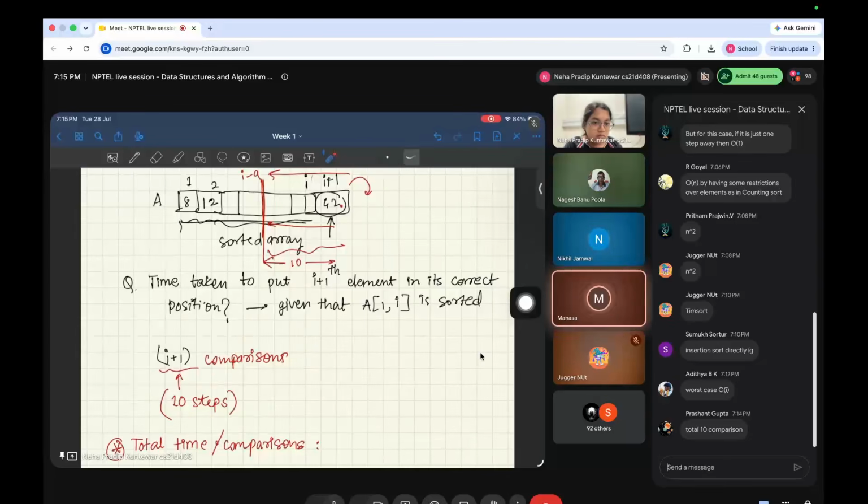Could you please repeat the question? We are saying for putting one element in its correct position, you need at most 10 comparisons. So overall, to sort this entire array of n elements, what is the total time?